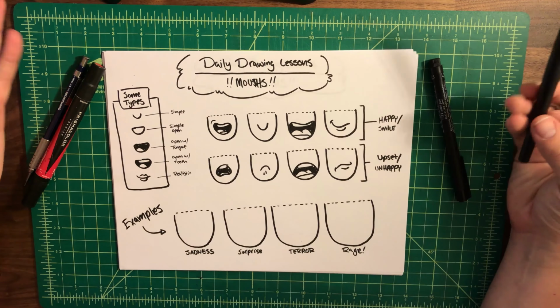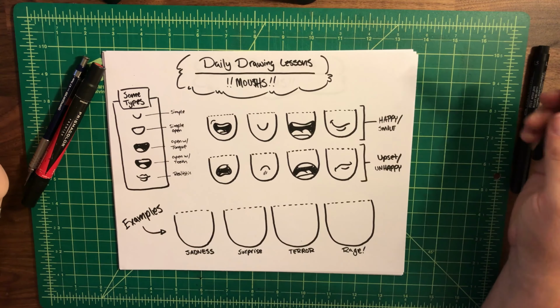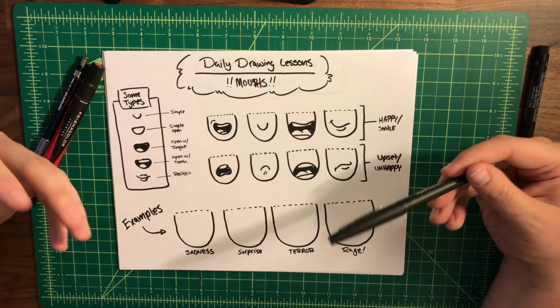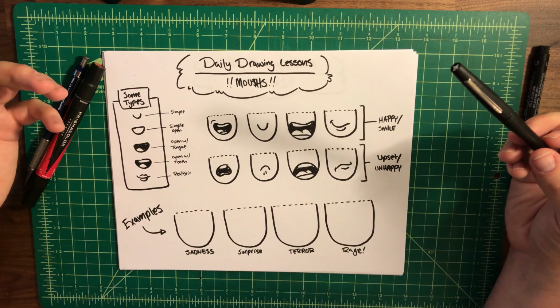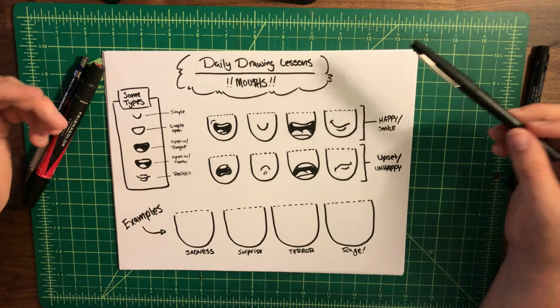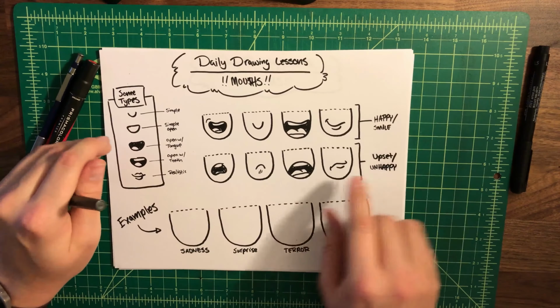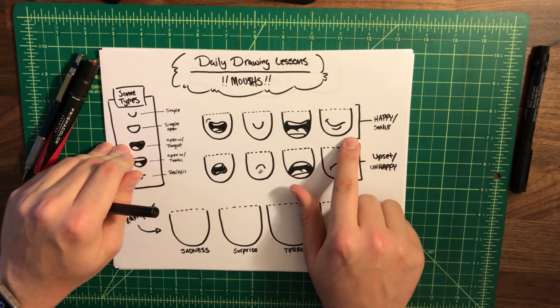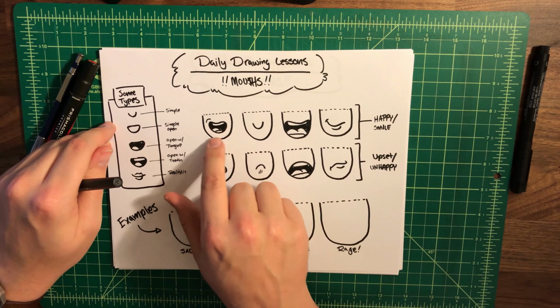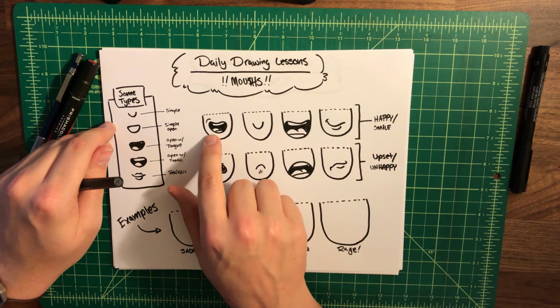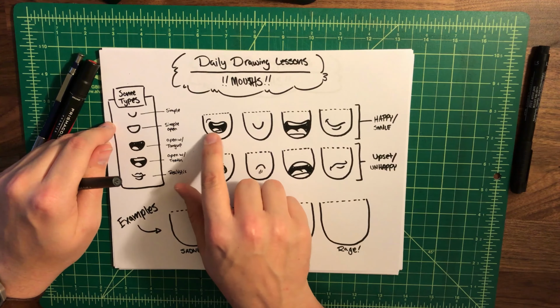The one thing I want to say is that there can be so many different types of mouth shapes, different ways of representing things. For instance, look at all four of these different mouths. You have one with this nice, weird bean shape, with the upper and lower teeth and the tongue.